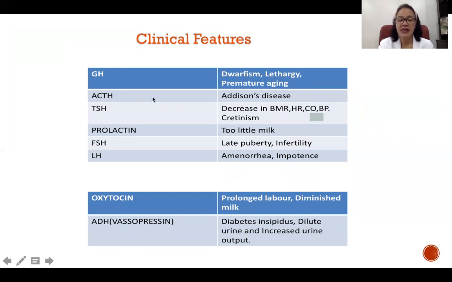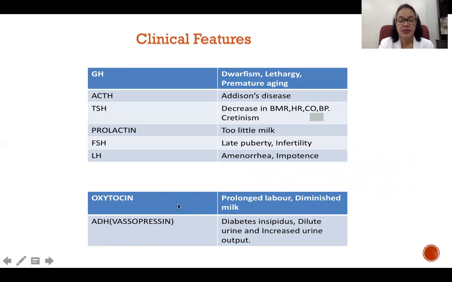In ACTH deficiency, you have problems, so we call that Addison's disease. And TSH, so you have these problems. And then prolactin, you have too little milk. FSH, so it can explain the infertility or late puberty of certain individuals. And the luteinizing hormone manifested by amenorrhea and impotence.